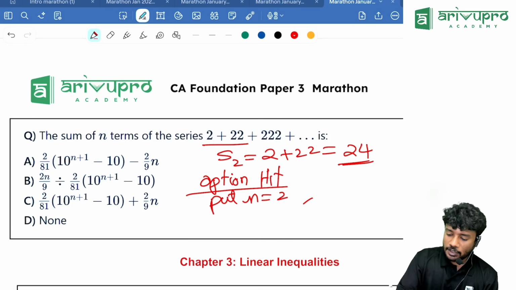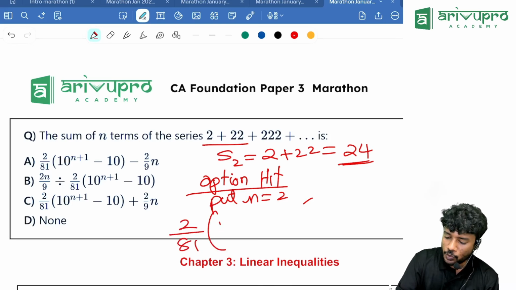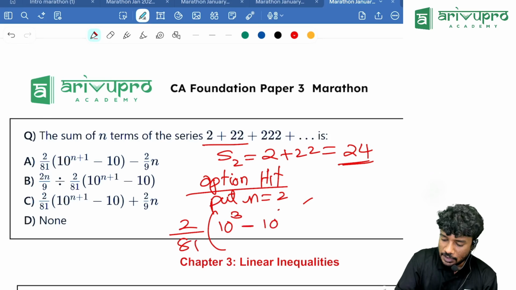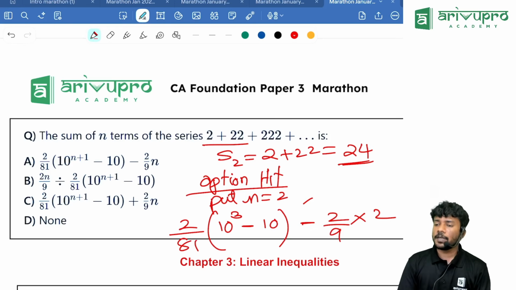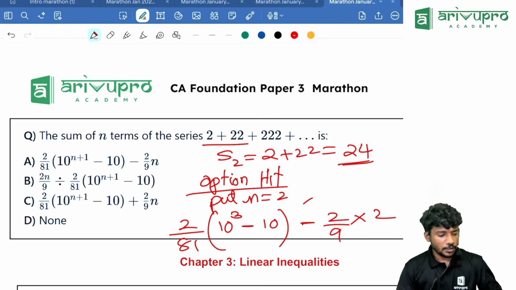Try option A, that means 2 by 81 into 10 raised to, how much? 10 raised to 2 plus 1 is how much? 3. Minus 10 minus 2 by 9 into n, n is 2. Get me the answer. 10 cube minus 10 is how much? That is 990. 990 into 2 divided by 81. Get me the answer, please. Use M plus, MRC and all if required.